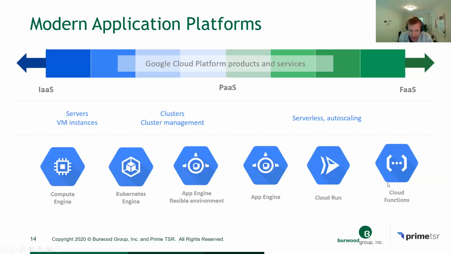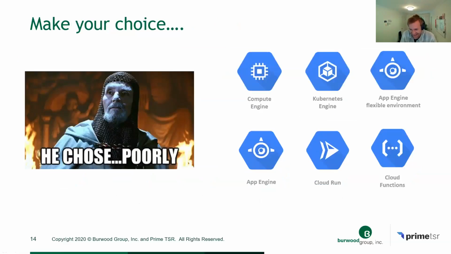Exactly. As we start to move more workloads towards functions and serverless, what Rich is going to go into is that it's not always a fit for all workloads. So how to pick the right tool for the job. Make your choice, right? Yep. I'd recommend not just picking one of these at random or because it's your favorite and diving into that.